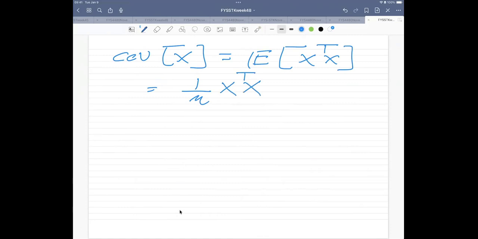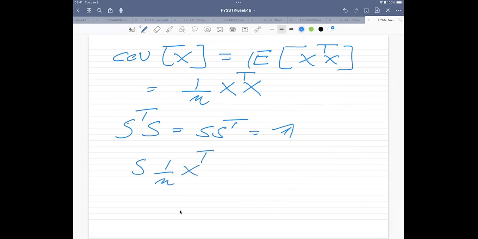Now, if I set up a matrix S, which is an orthogonal matrix, and I want to find the eigenvalues of that matrix, what I would have then would be S multiplied with 1 over n times x transpose times x multiplied with S transpose. That's a typical way I would turn this into a diagonal matrix.